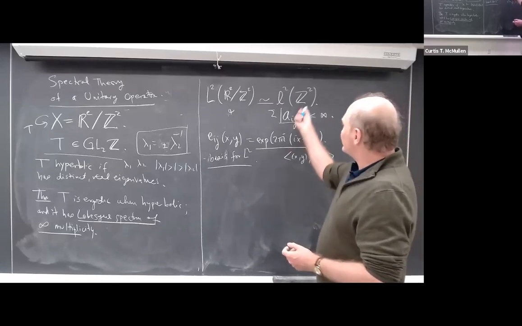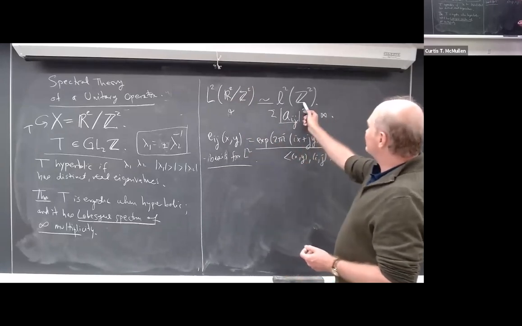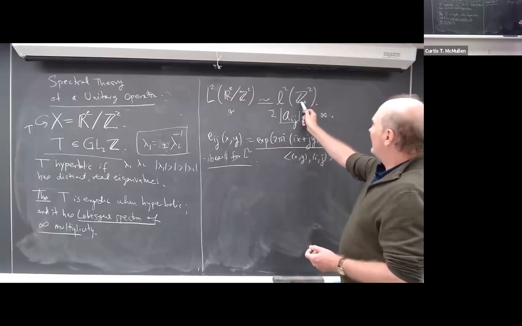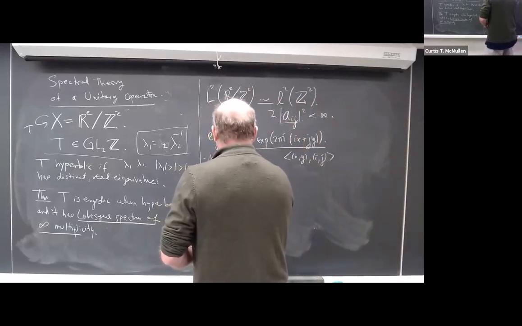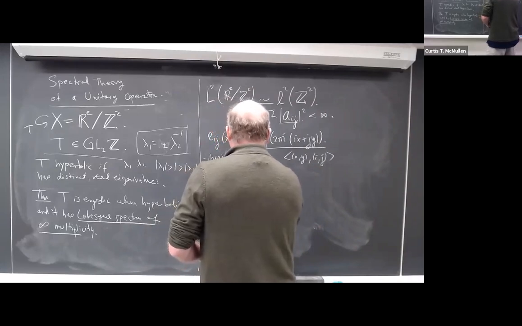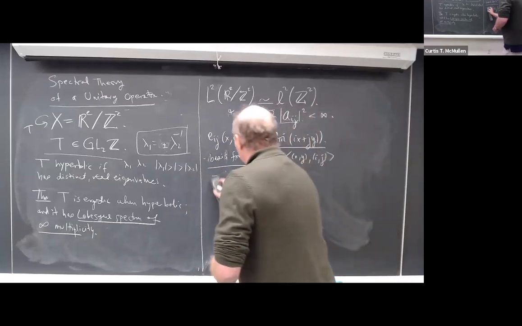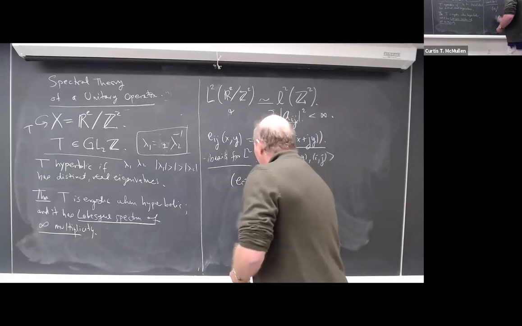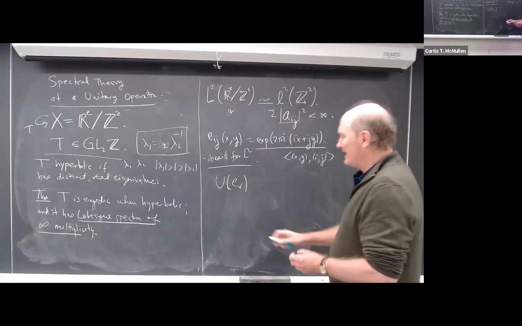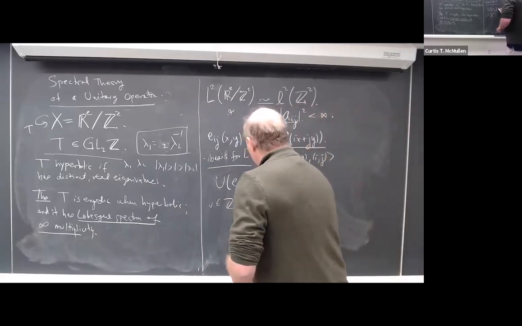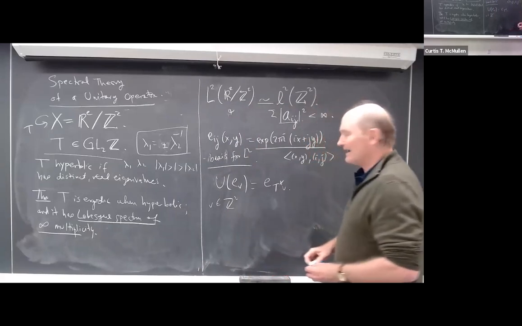And so the action of T on these basis elements is the same as the adjoint action of T on Z^2. Okay, so T upper star E_ij, which means if we pull back, actually let me call this U, the associated unitary operator, has the property that U applied to one of these basis elements, which I'll index by an element v of Z^2, is equal to the same basis element evaluated at the transpose of T applied to v.